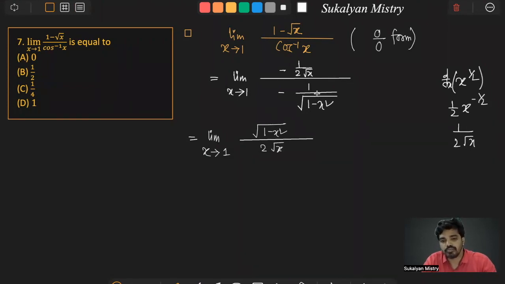Simplify it, minus minus cancelled out, so root over of 1 minus x square by 2 root x. Now put x equal to 1, so that is root over of 1 minus 1, that is 0, by 2 into 1, that is 2. So 0 by 2, that is 0. So option A is the correct answer. It's very simple. Okay, so next example.